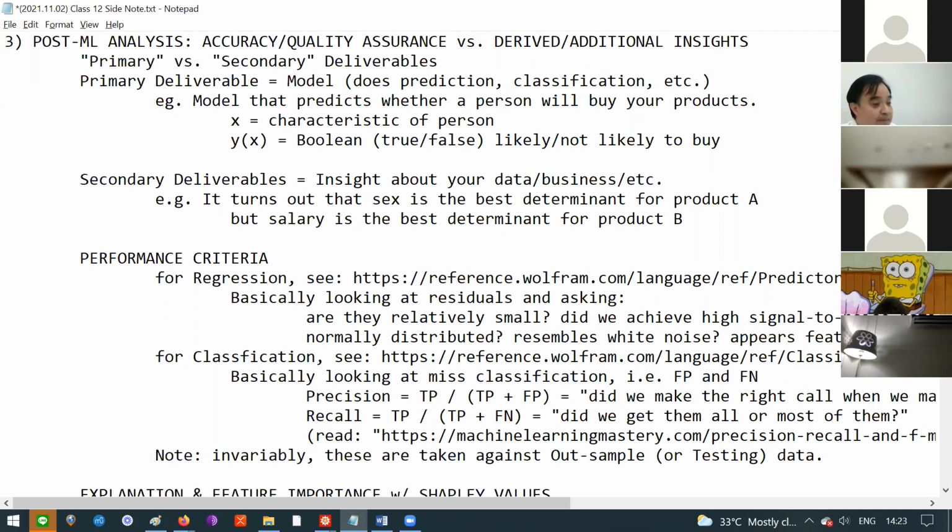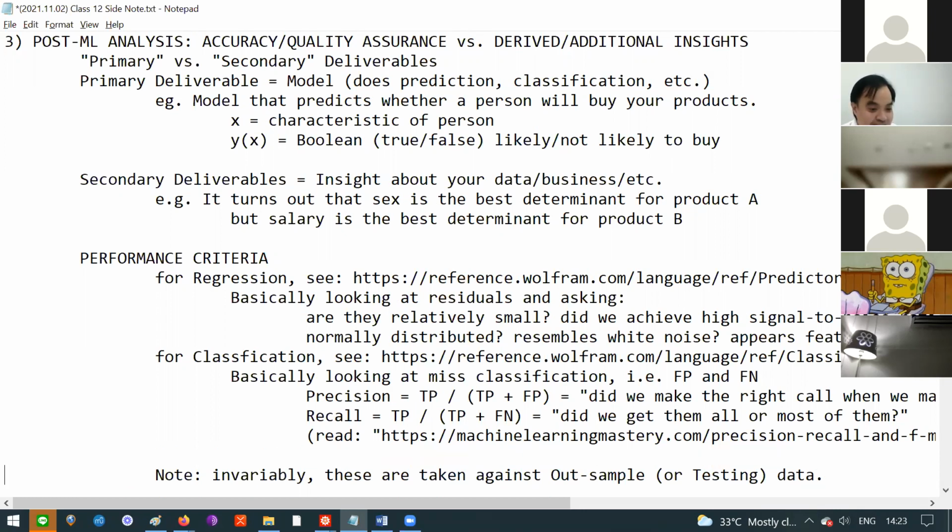Now, some people would report in-sample performance as well, but you really can't deliver and promise on this. So really it's the testing.